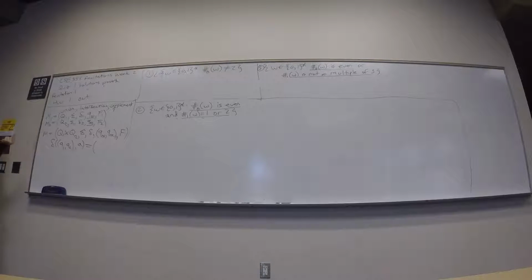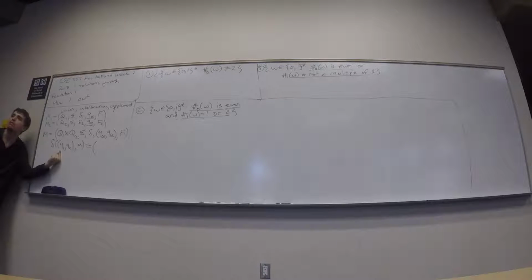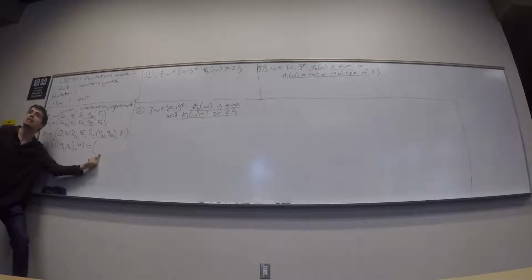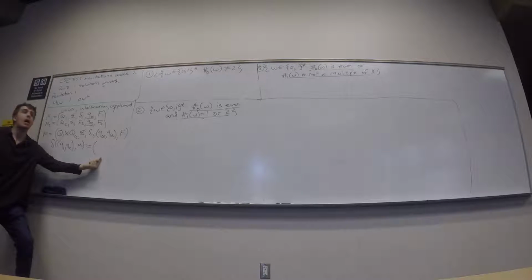Okay, well, I have two things to put in this ordered pair. How do I find out what to put in each of the two pieces? Well, what is the first coordinate keeping track of? What state I would have been in the first machine. So this guy better be the state I would have been in the first machine. Wait, how do I find that out? Transition function.